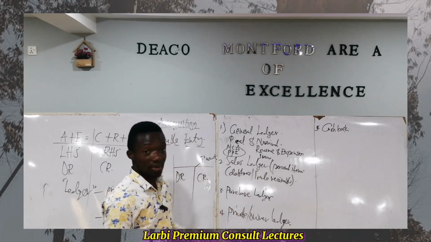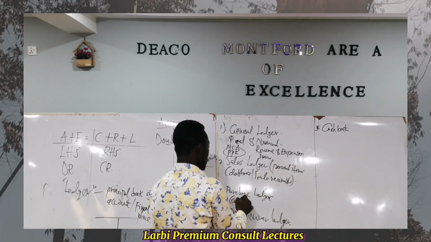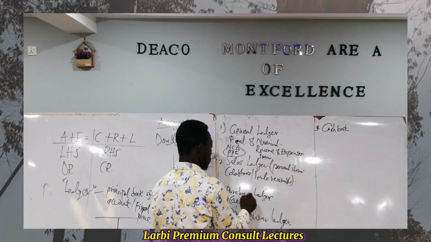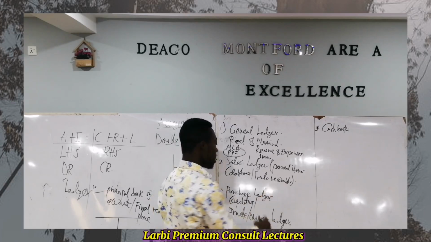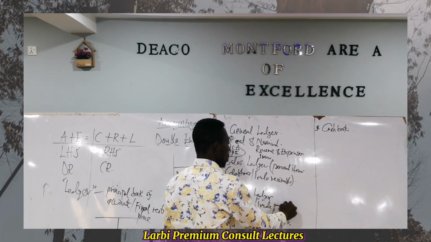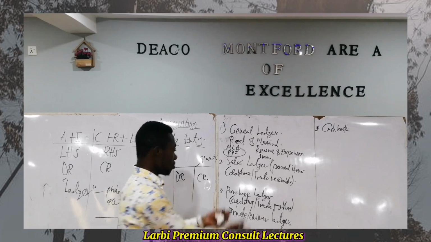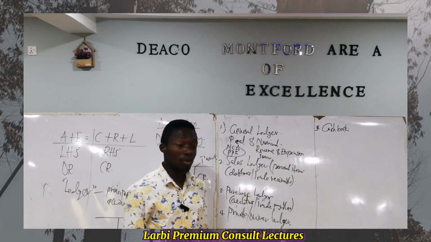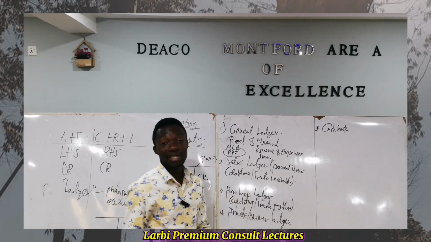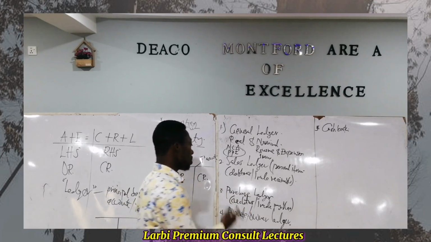If it's not debtors, we are talking about creditors, or trade payables. All transactions which come under creditors or trade payables will be factored in the purchase ledger. So that is the idea when it comes to the purchase ledger.